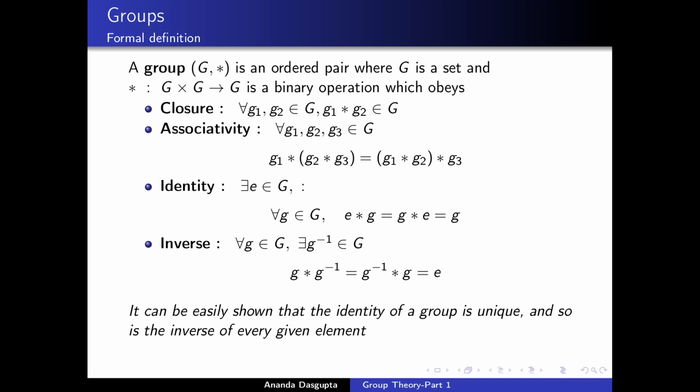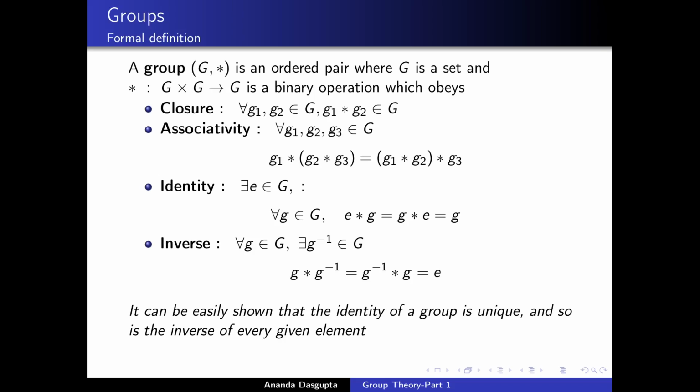One such situation is, I could just demand that there is a left identity, that is an E such that E star G is G for all G, and a left inverse for every element, that is for every element small g there is a G inverse such that G inverse star G is E. And the existence of the left identity and the left inverse is enough to guarantee the existence of the right identity and the right inverse. And not only that, it is also enough to guarantee that this right identity and the right inverse are the same as the left identity and the left inverses that we talked about.